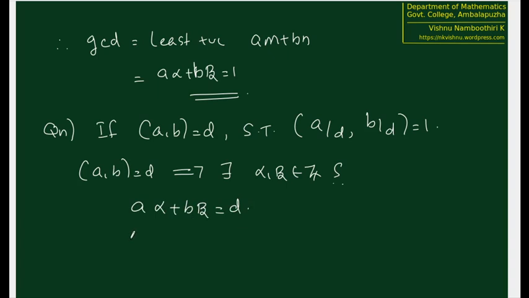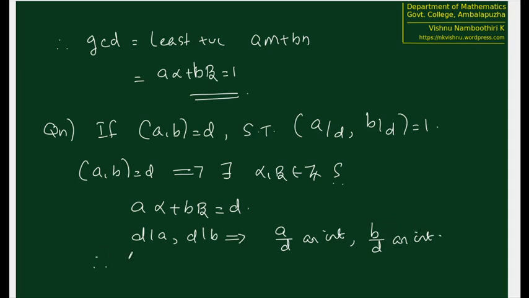Now we know that D divides A and D divides B. So if we divide both sides by D, D divides A and D divides B implies A by D is an integer and B by D is an integer.